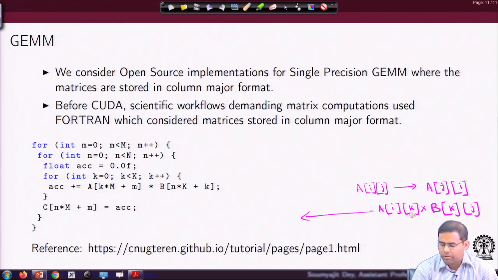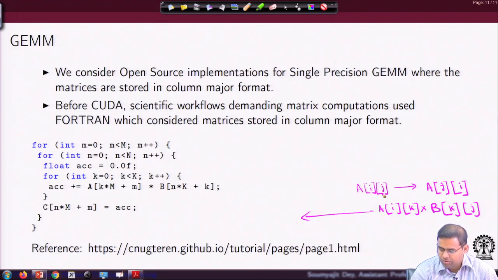if this is the mathematical point that you are trying to use, that is you are going to multiply A i k and B k j, in terms of memory access they will be at different locations, because you are accessing in a column major way. So, you have to think of it the other way around. Let us say, for example, in my code the iterators are m, n and k.